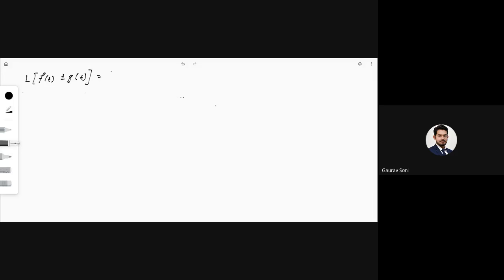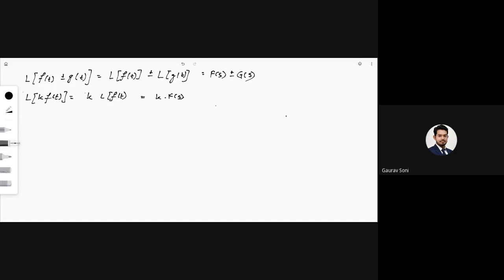So this becomes Laplace of f of t plus minus Laplace of g of t, which is capital F of s plus minus capital G of s. Then Laplace of k times f of t is equal to k times Laplace of f of t, which means k times capital F of s.